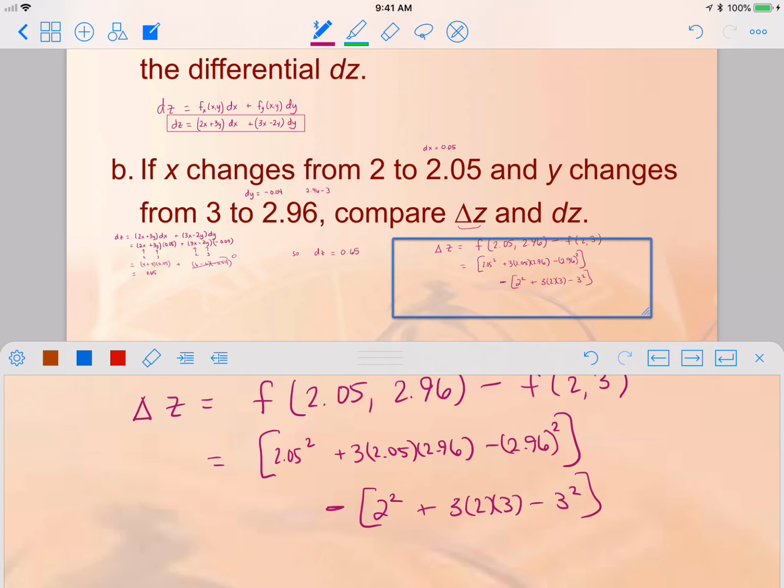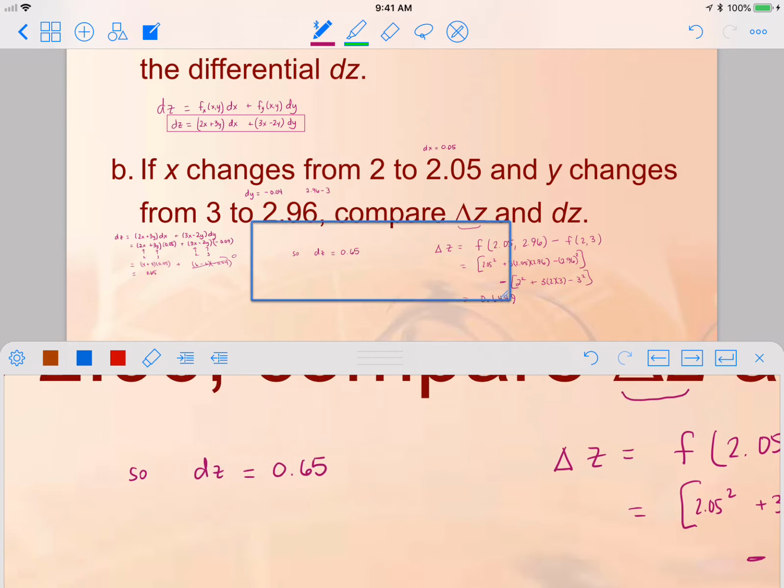Okay, and what do I get? I'm going to plug this into my calculator. Okay, and then minus 4 minus, what is that, 9? 18 plus 9. Okay, and I got 0.6449.